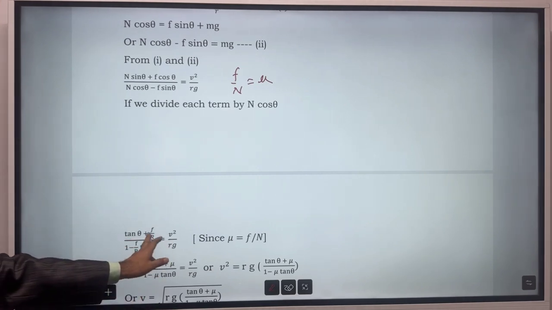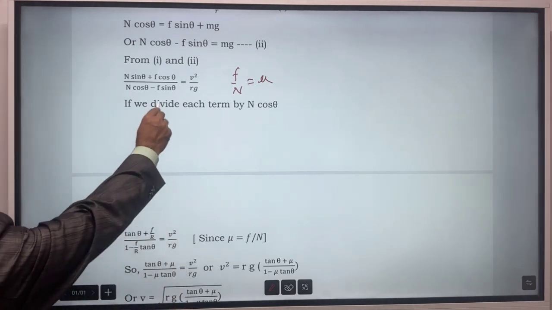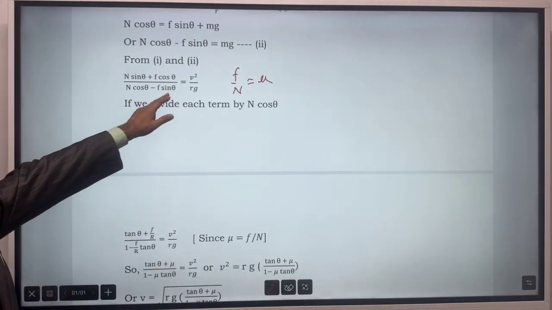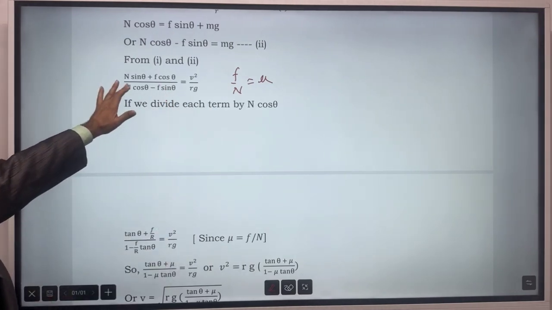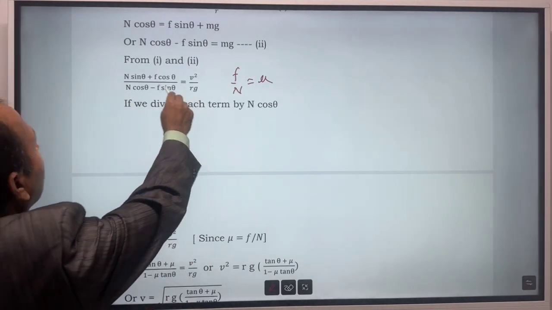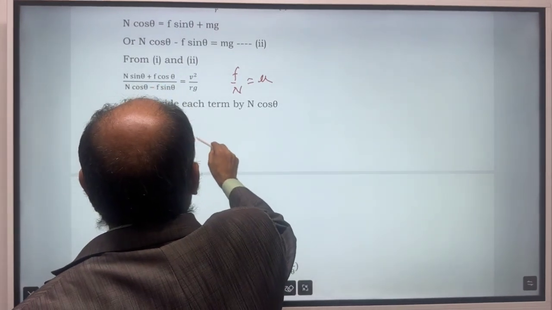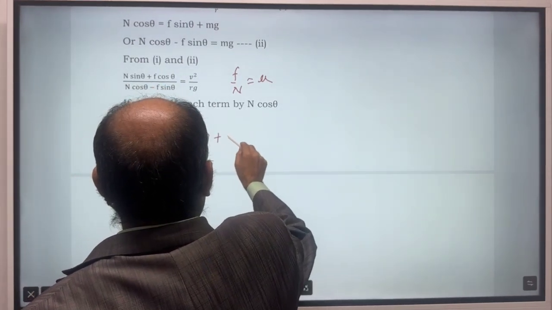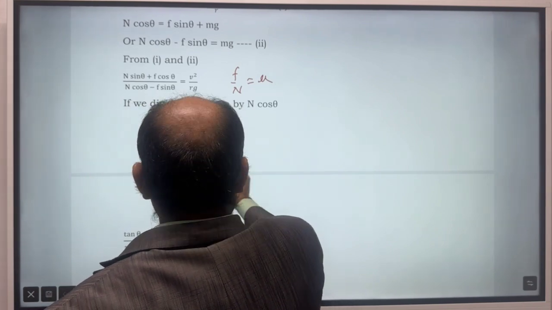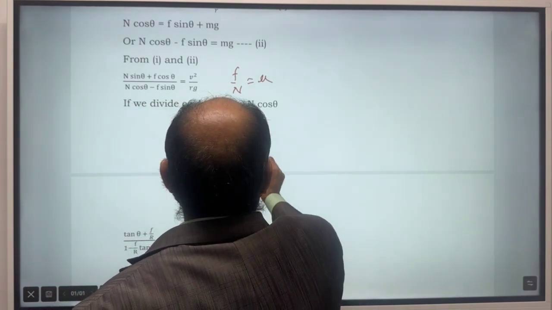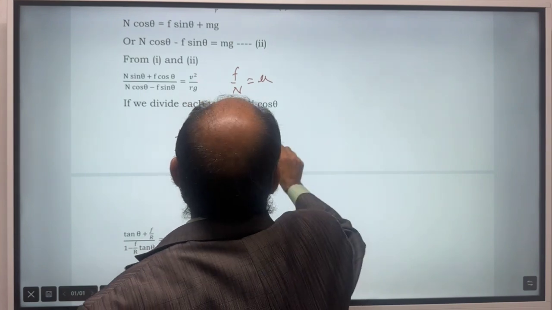Here also f upon N can be written as mu, and this will become tan theta, and this will become 1. So we have got tan theta plus mu divided by 1 minus mu tan theta equal to v square upon rg.